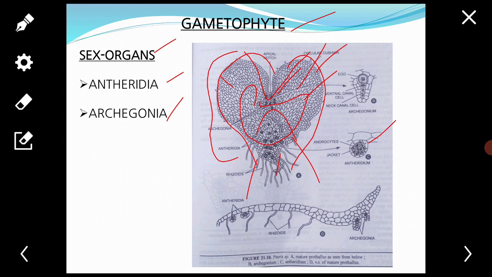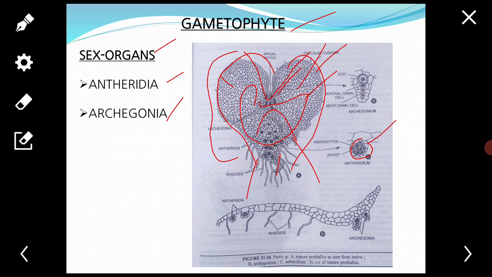It consists of a single layered jacket made up of three cells: first ring cell, second ring cell, and a cap cell or cover cell. Sometimes two cap cells or cover cells may be present.